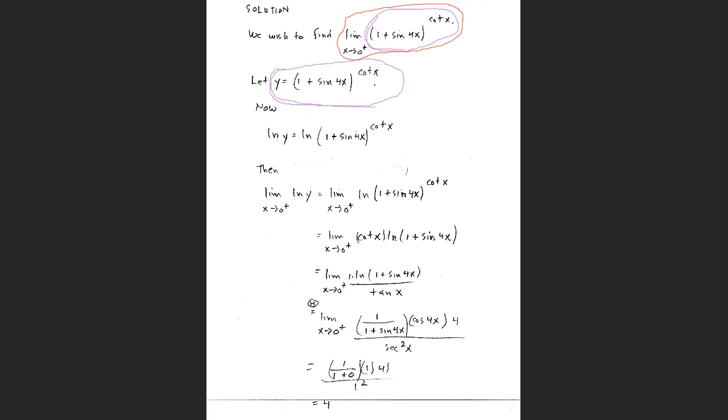And then I'm going to take the natural log of y. I'm going to study how the log of y behaves as x goes to 0 from the right, instead of y itself. This is going to be very helpful. You'll see why.